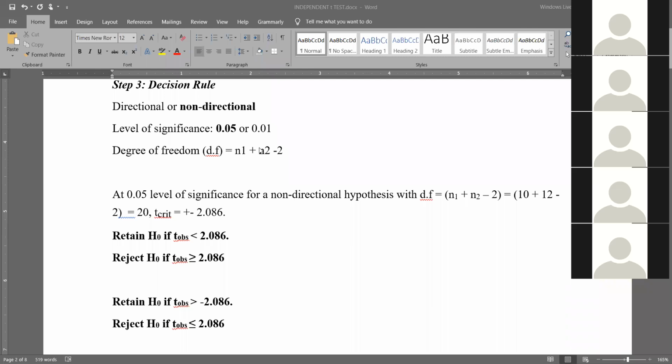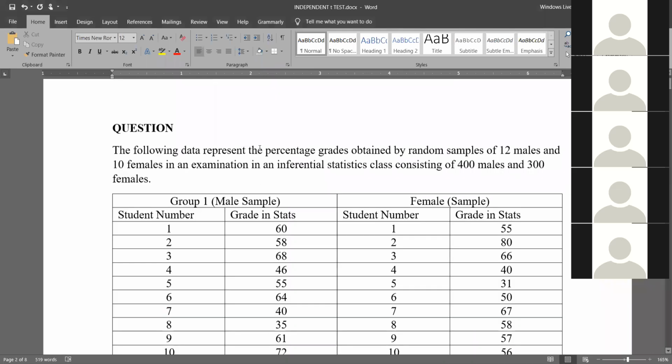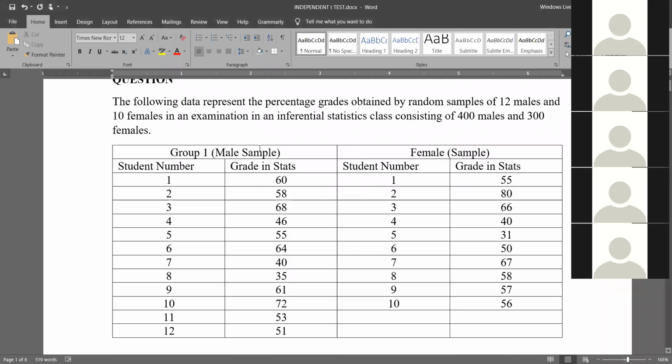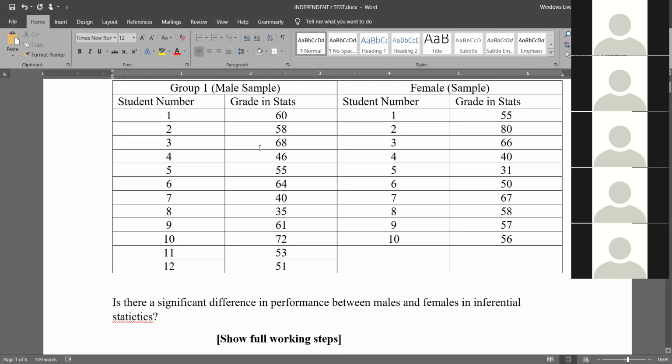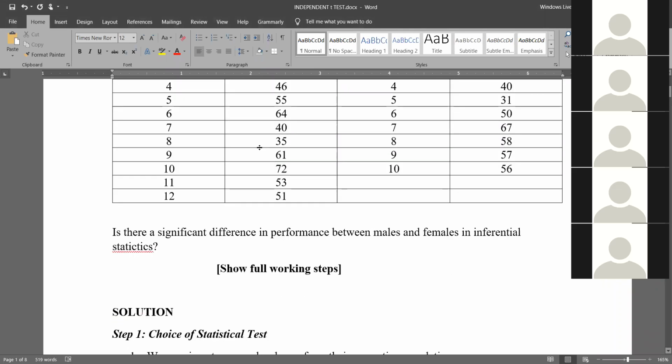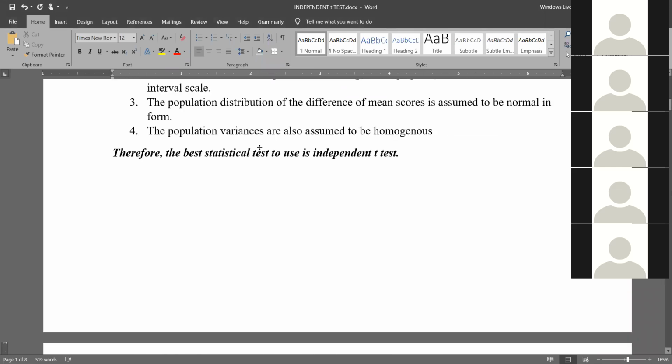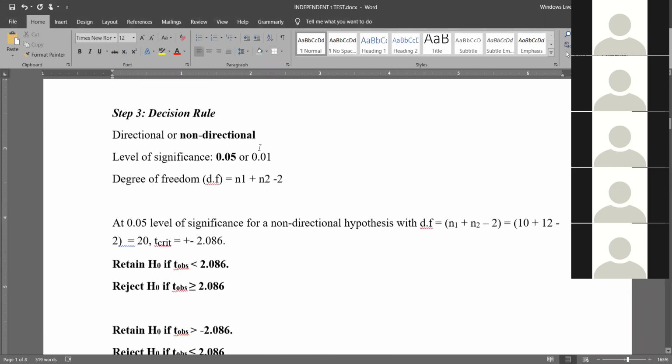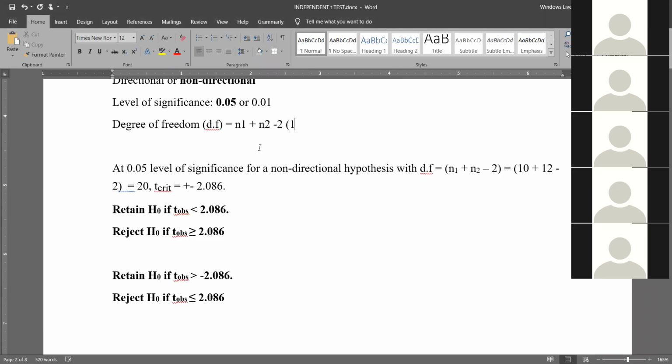So when you check the question, you could see that they indicated that group 1, that's males, we have 12 people. Then group 2, females, we have 10. So it means our degree of freedom will be 12 plus 10 minus 2, which is equal to 20. So it means our degree of freedom is 20.